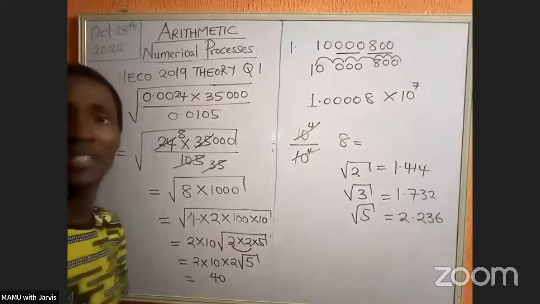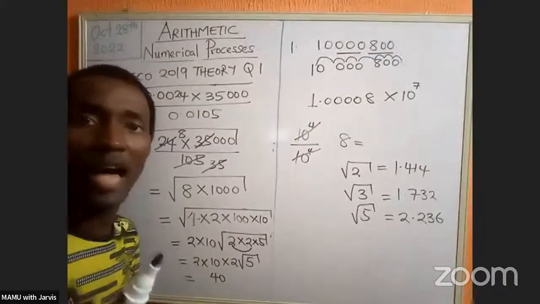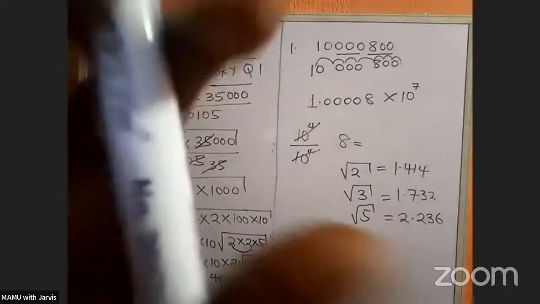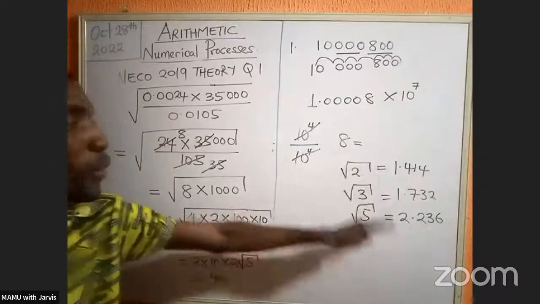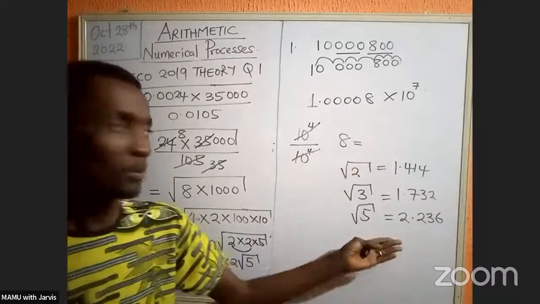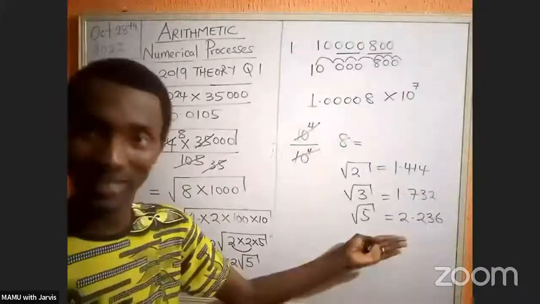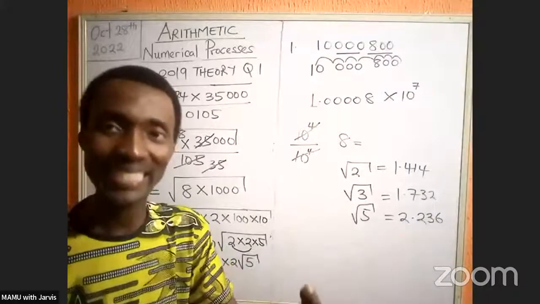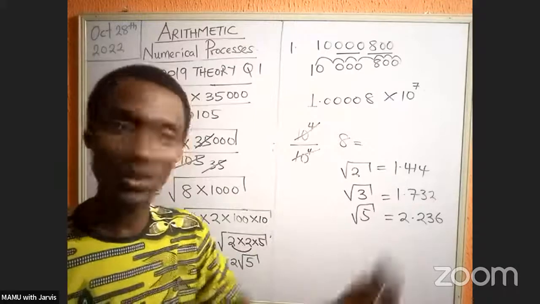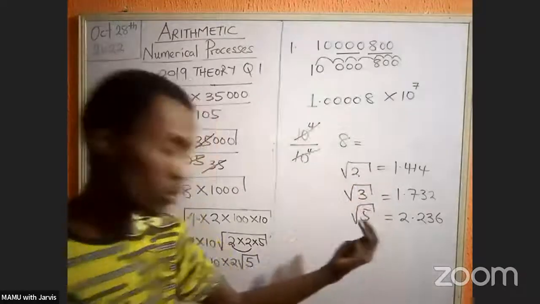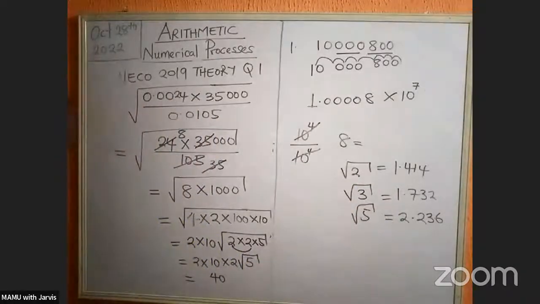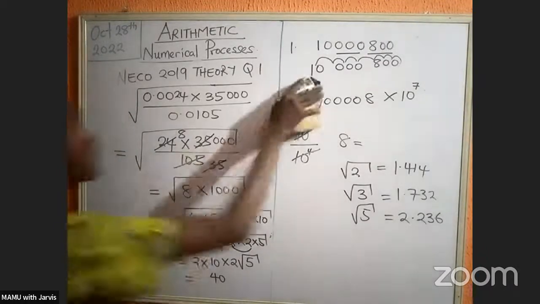Okay, beautiful. These are things you ought to know, so you may want to copy these down. You should have them handy. You don't need to check a calculator to get this value. So with that, I'm going to have something like this. I have to clean this part.